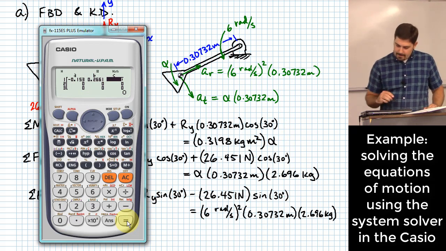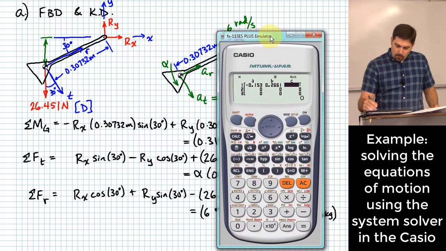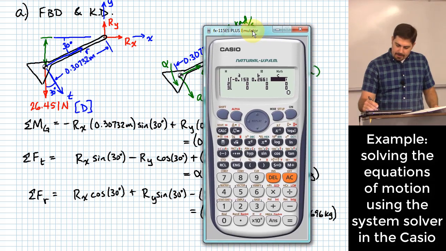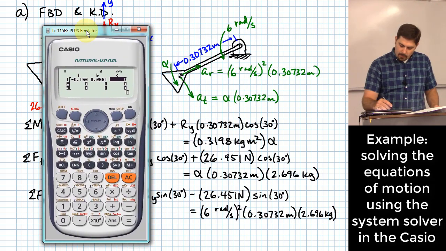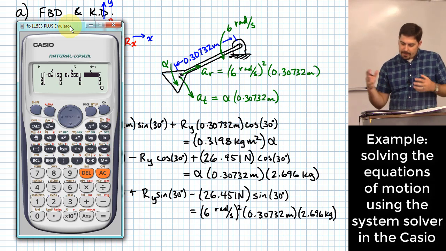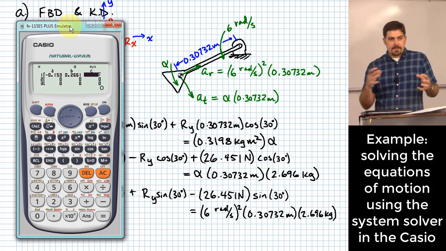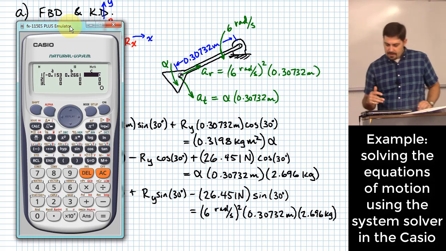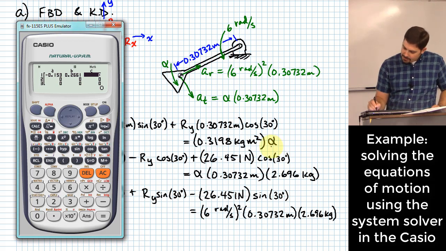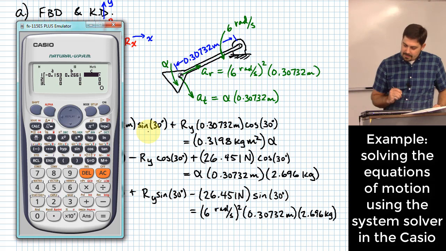Do I have a weight term or anything like that? The weight term would probably end up on the constants side of the equation. I do have an alpha term, so I need to move that alpha term to the left side of the equation, and when I do, its sign changes.